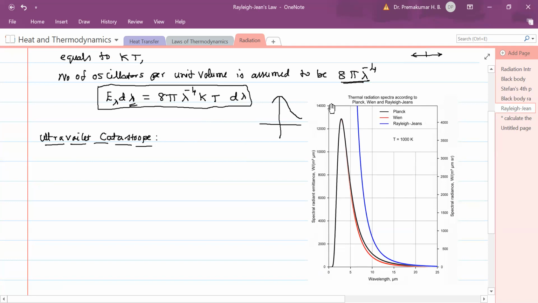That means the black body emits all the energy in the ultraviolet region, whereas in the actual curve, energy is very little dissipated in the ultraviolet region, according to the experiment. So that is a great disaster, a great discrepancy, you can say. So that is called the ultraviolet catastrophe.